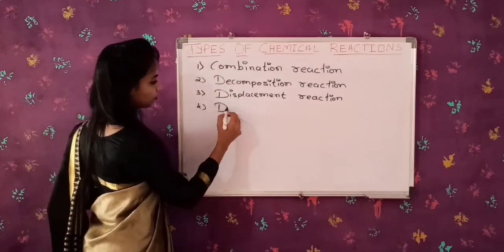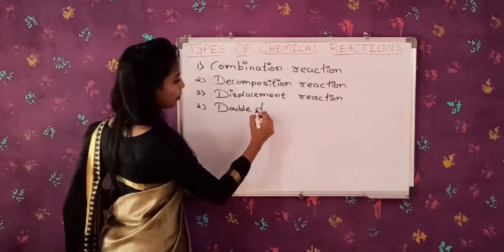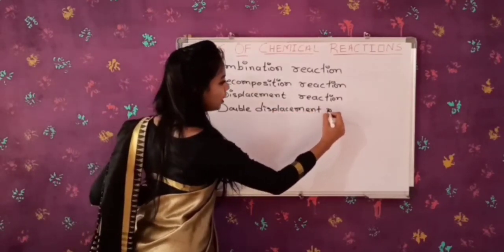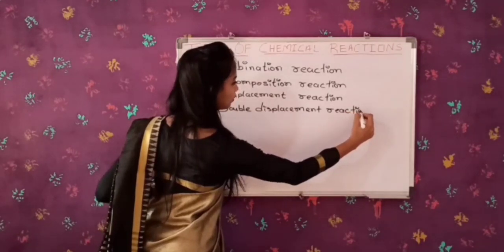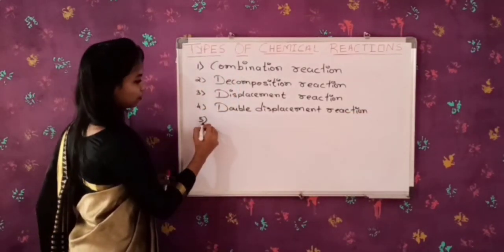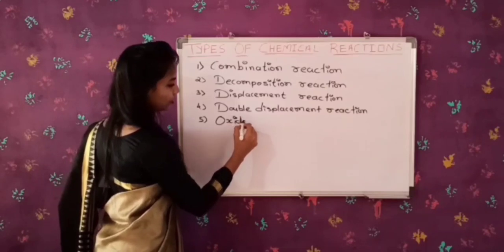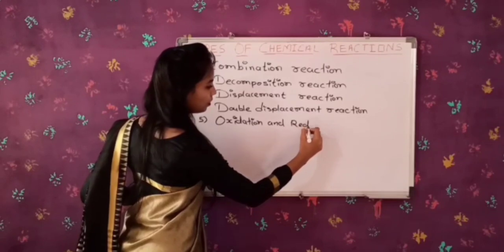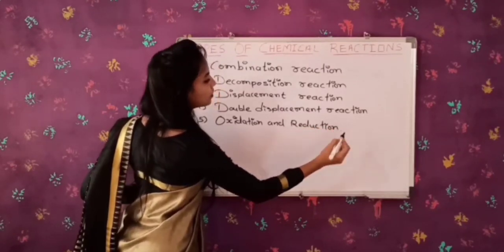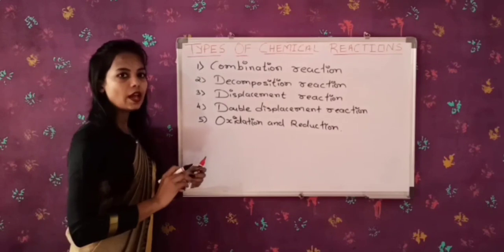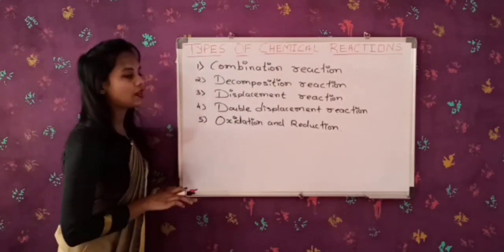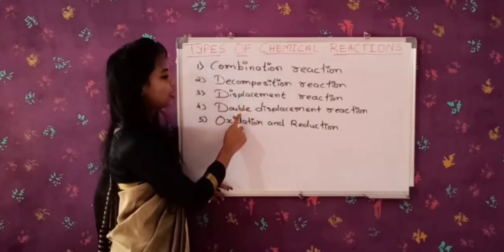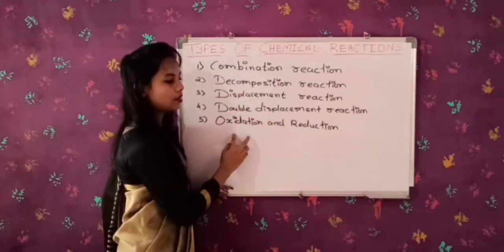Fourth, double displacement reaction. And fifth, oxidation and reduction. So here these are 5 types of reaction: combination reaction, decomposition reaction, displacement reaction, double displacement reaction and oxidation reaction.